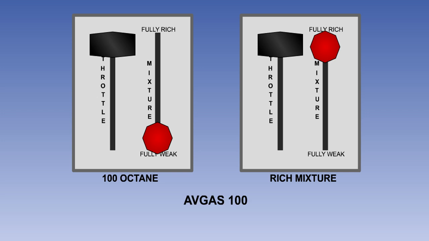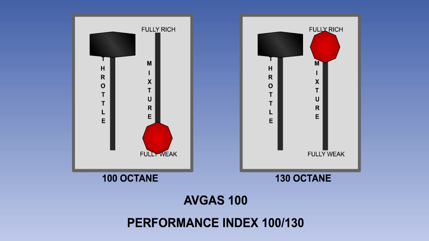So for instance, Avgas 100 is a 100 octane fuel when the mixture is weak, but a 130 octane when the mixture is rich. These 2 octane ratings are known together as the fuel's performance number or index, so Avgas 100 has a performance index of 100-130.